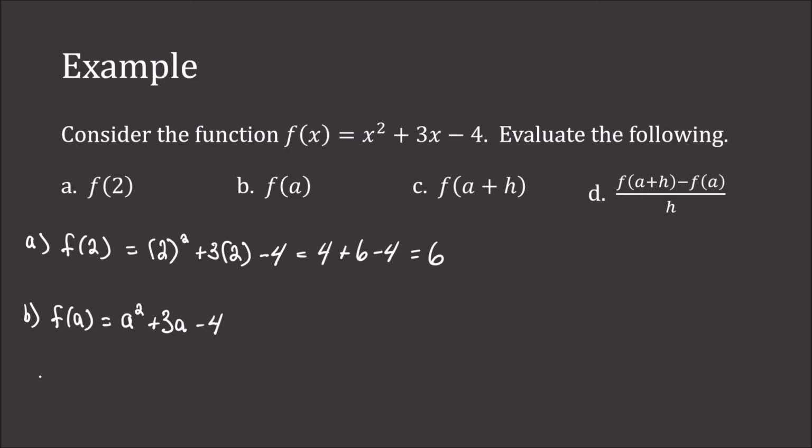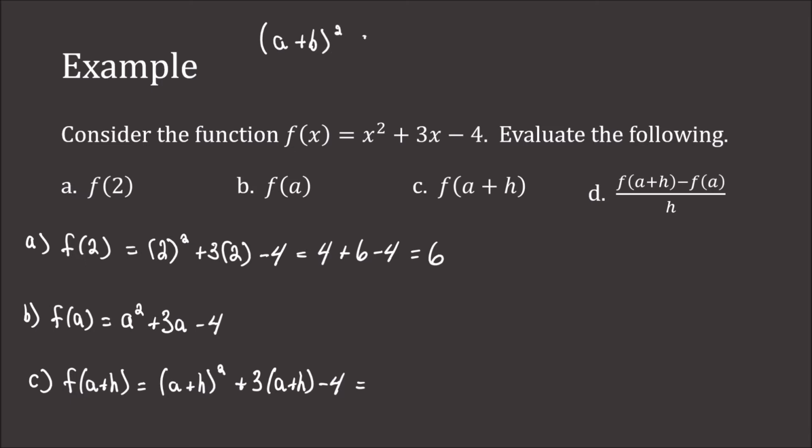So for C, f of a plus h, we get (a plus h) squared plus 3 times (a plus h) minus 4. Now (a plus h) squared, you should remember from algebra that the quantity (a plus b) squared is a squared plus 2ab plus b squared.